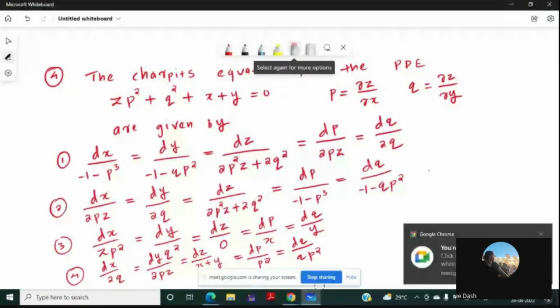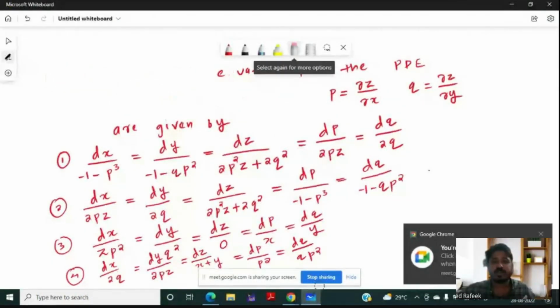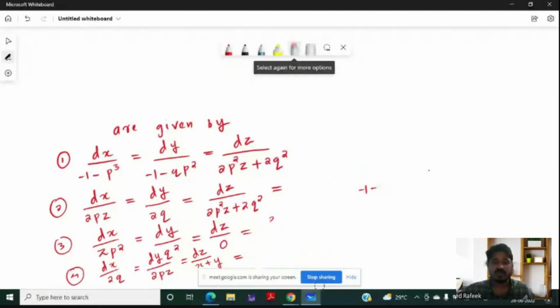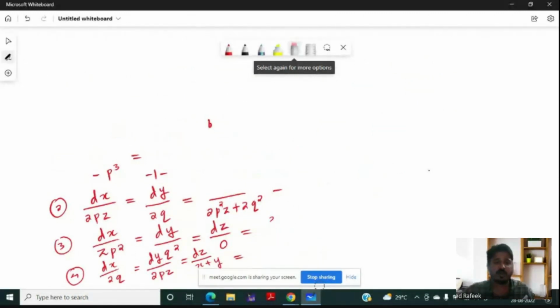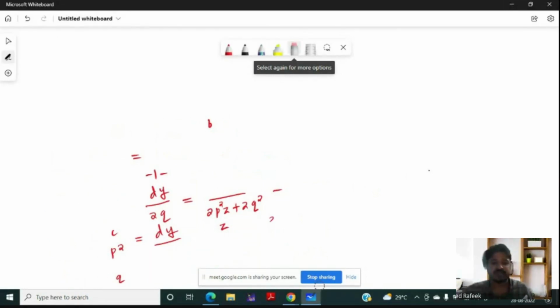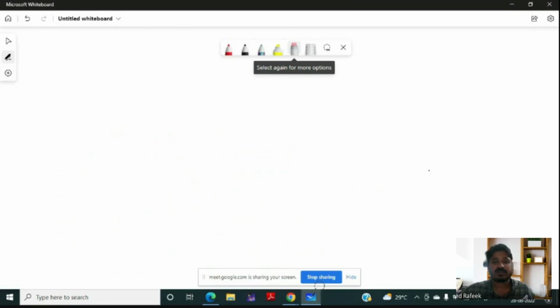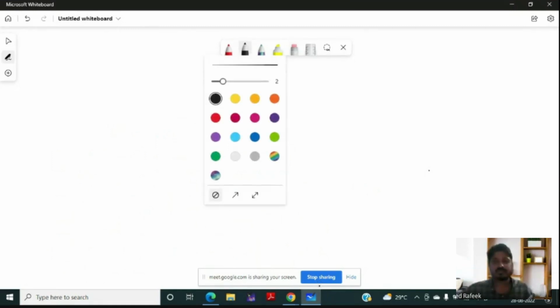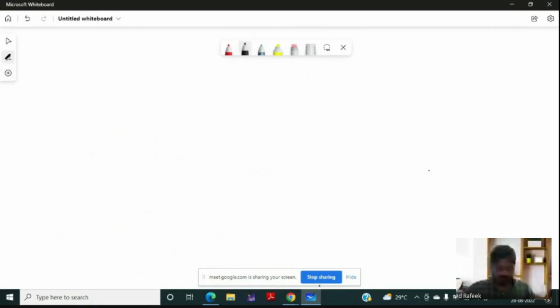Yeah, we will go to the solution part. A little bit of theory I will tell you for the Charpit auxiliary equation. Note it down.